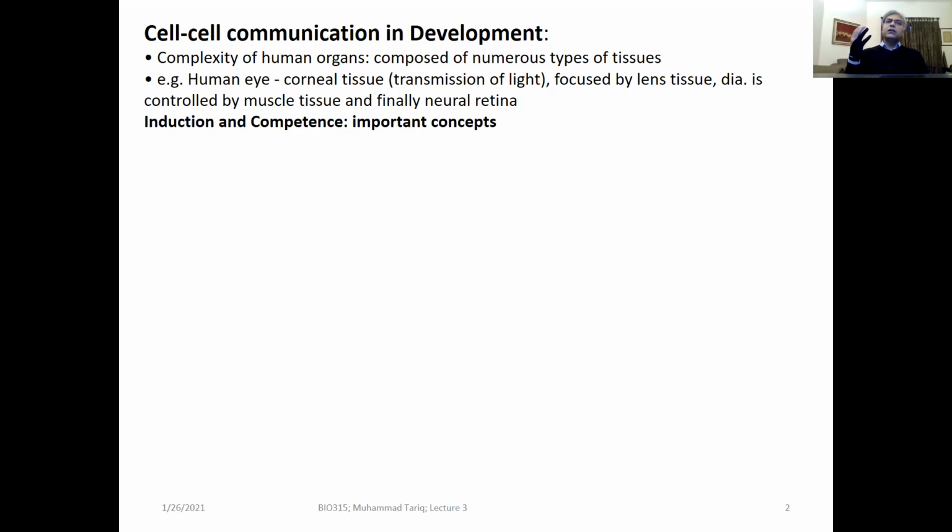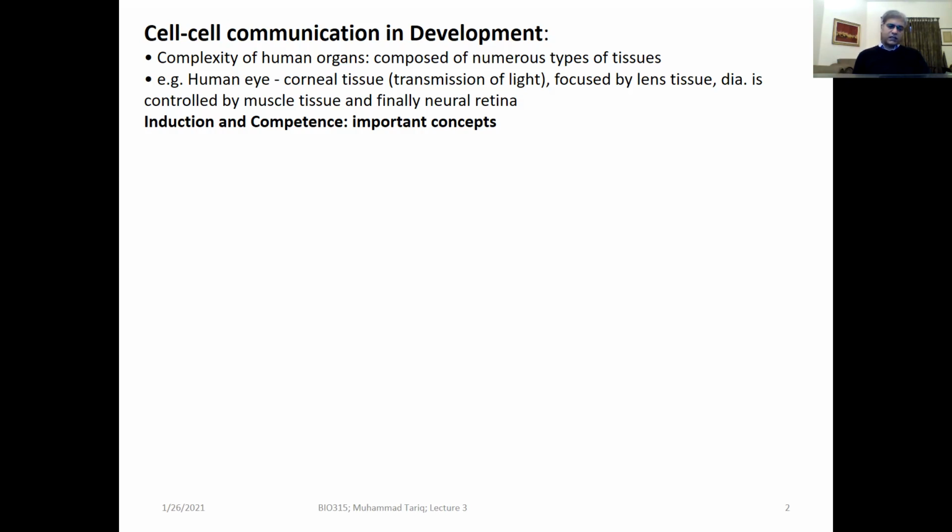So now you have corneal tissue, lens, muscles, and neural retina, and all of them come together to form a functional human eye. If any of the tissues or cell types I just mentioned become defective, you may have the morphological structure there, but the function may be gone.